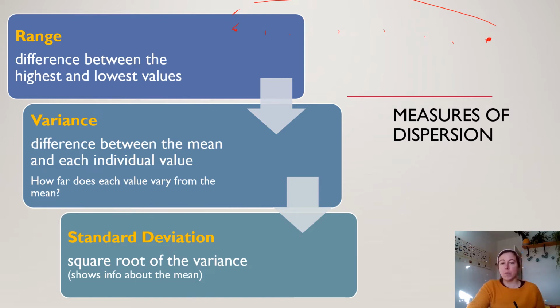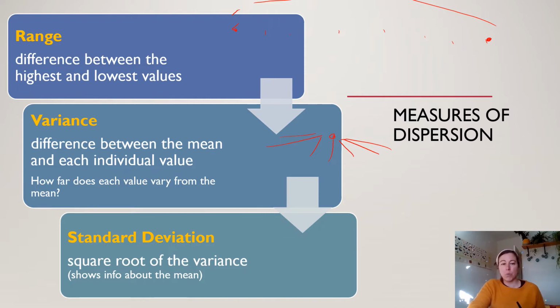With this one, we're going to find an average and figure out the distance from each point to that average. And then standard deviation is another step from the variance. It's the square root of variance, and this shows us how spread out all those points are from the mean in a slightly different way.